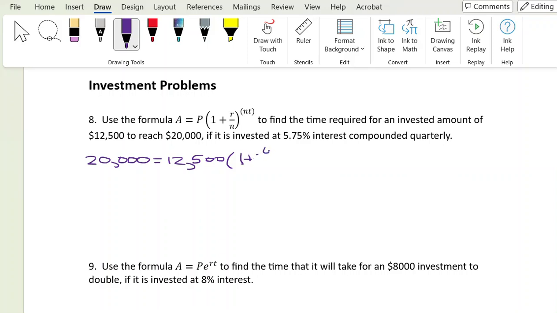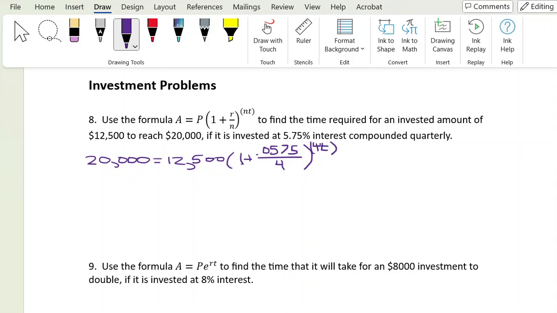So divide by 100, or move the decimal point 2 places, to get R, which is going to be 0.0575. Since we are compounding quarterly, my N is going to be 4. And T is what we are solving for.